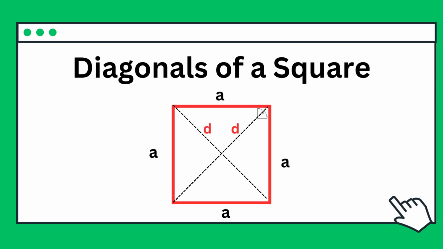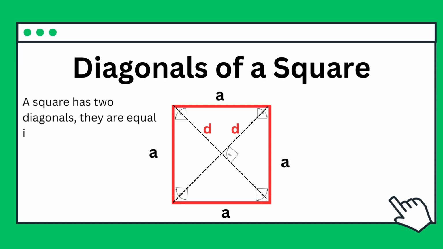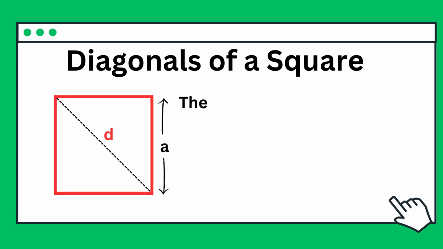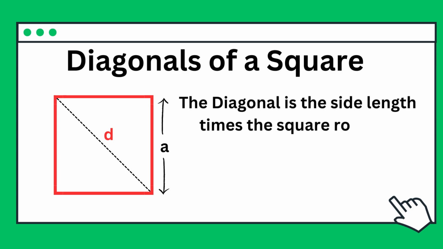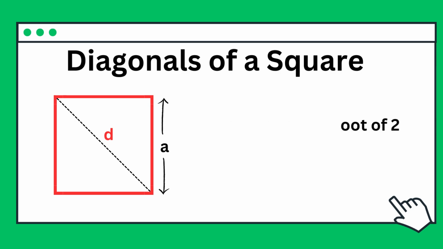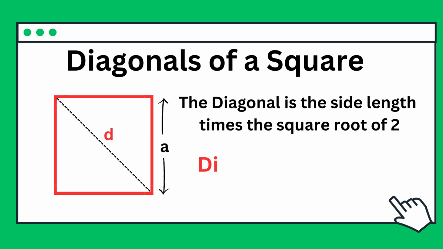They are equal in length and intersect in the middle. So the diagonal is the side length times the square root of 2. So this is the formula. Don't forget also, diagonal is equal to a times square root of 2.